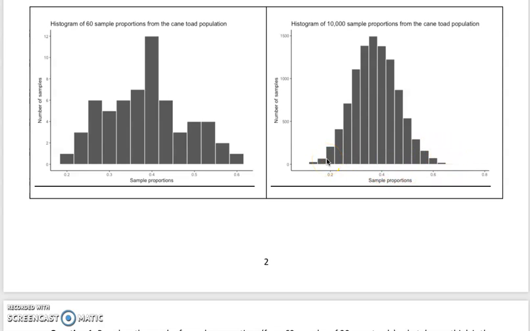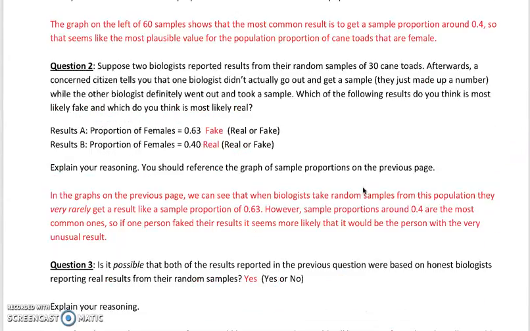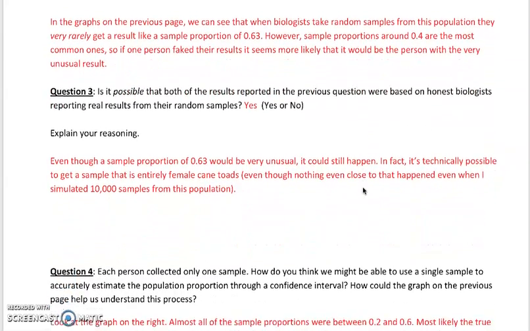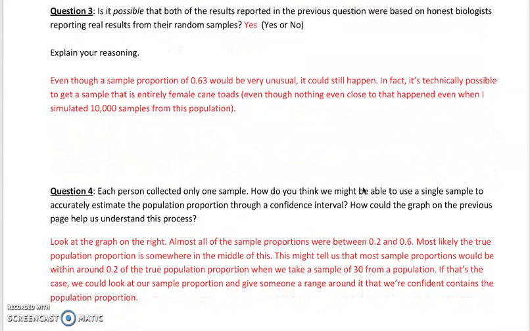So I don't know exactly what the population proportion is, but I've got a sense of how close most sample proportions are.